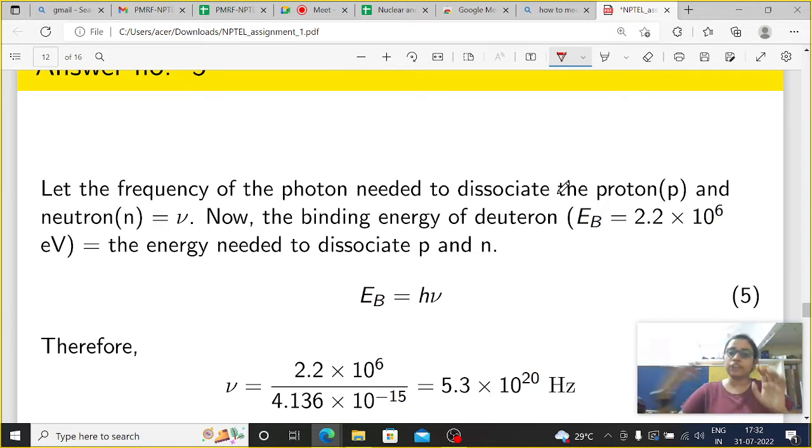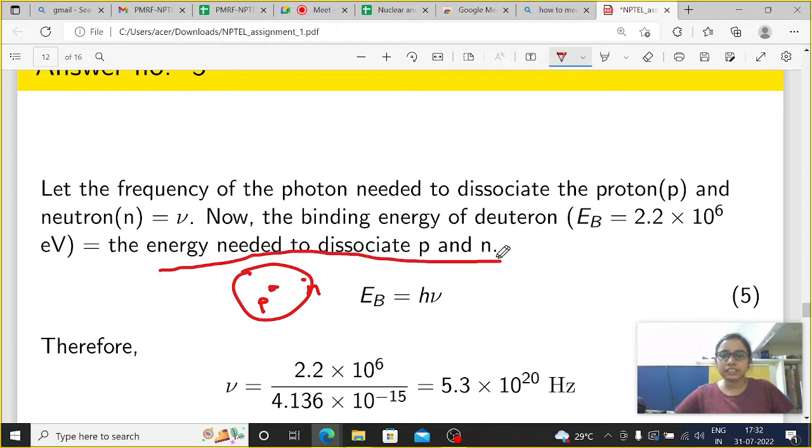As in that deuteron there is only one proton and only one neutron, its binding energy is equal to the energy needed to dissociate them. So that means E equals h nu, where h is the Planck's constant and nu is the frequency of that photon needed to dissociate the proton and neutron.